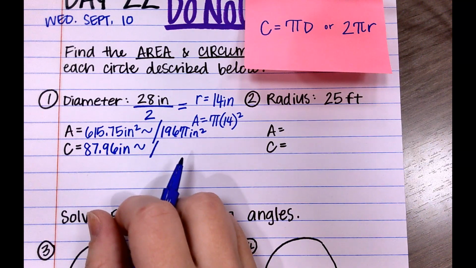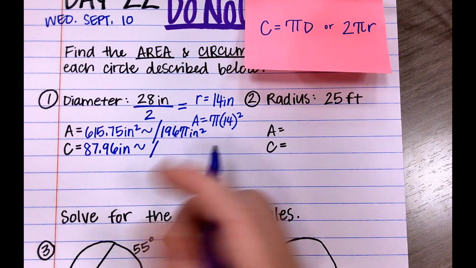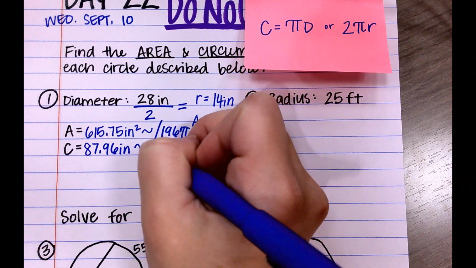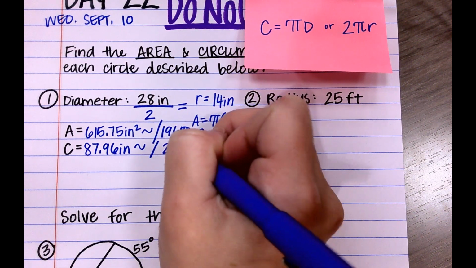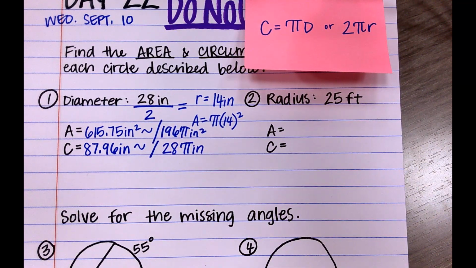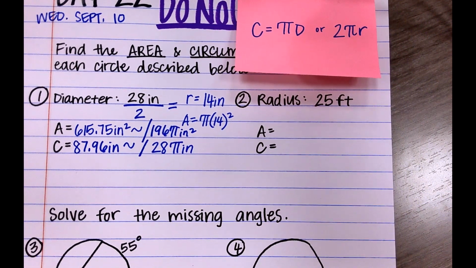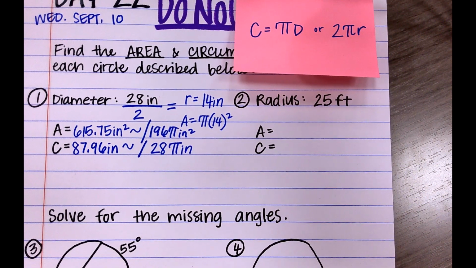Anybody know? Yes. 28 pi inches. Beautiful. 28 pi inches. Perfect. So that is number 1. Let's look at number 2.